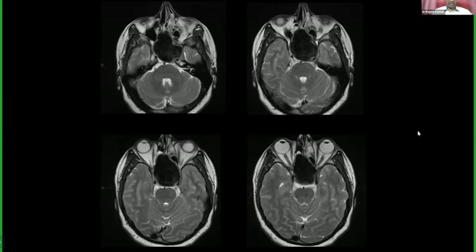Only extracellular methemoglobin and oxyhemoglobin will be bright on T2. Okay, fine. So any lesion with completely hemorrhagic content can also appear dark like this. You have to know the different tissues which can occur there and the DDs for that. Okay, move to the next.